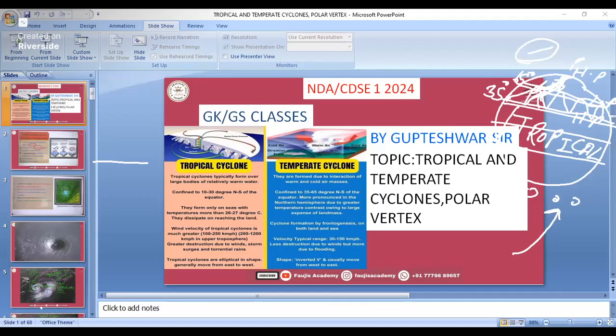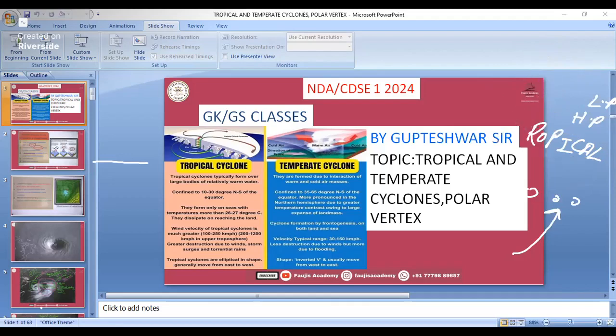So see here, in this temperate cyclone, you can see through this diagram also that between 35 degree to 65 degree we have the temperate region. So all those cyclones happen in these regions. And you know why it occurs on the land also?